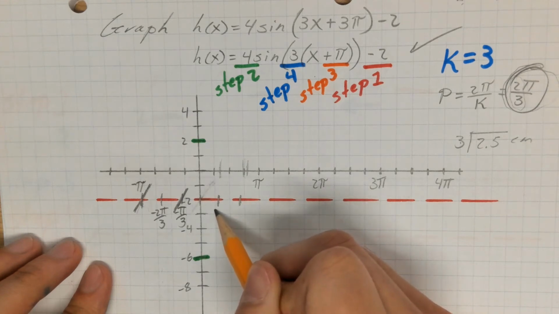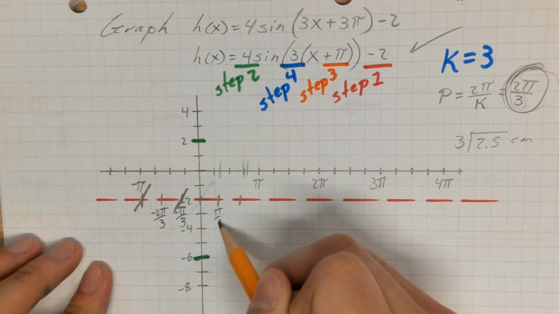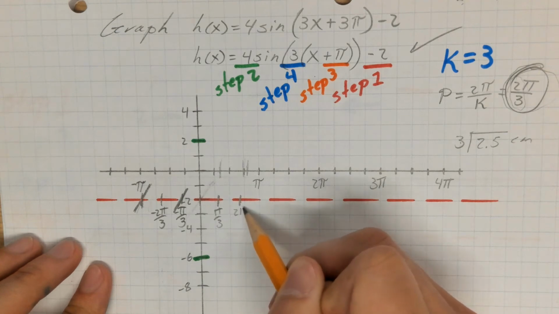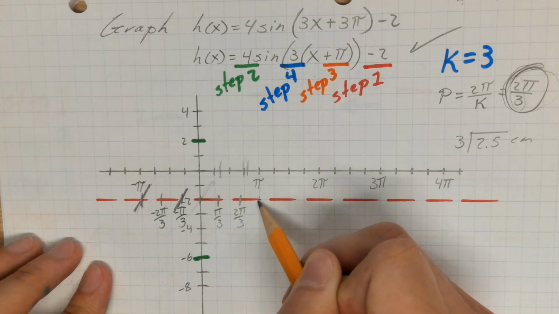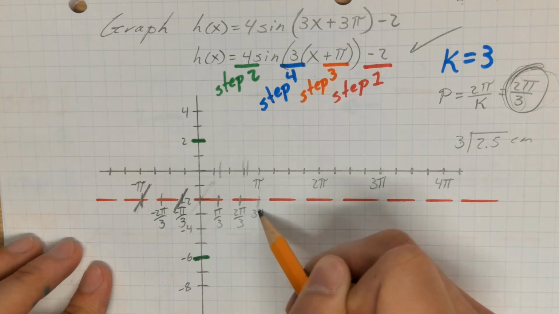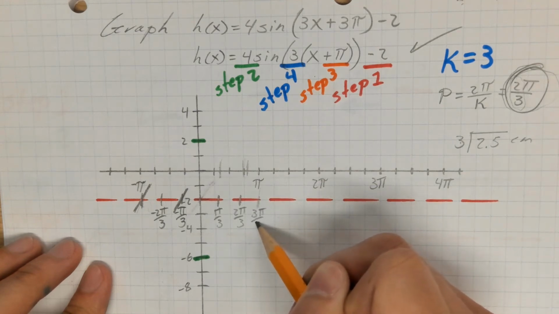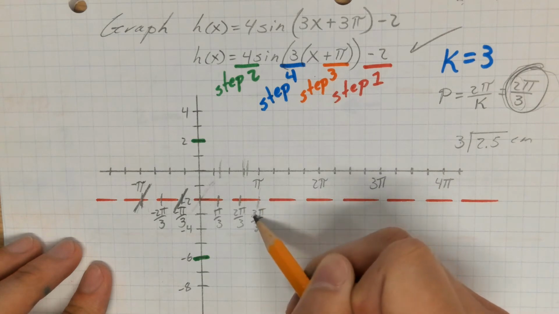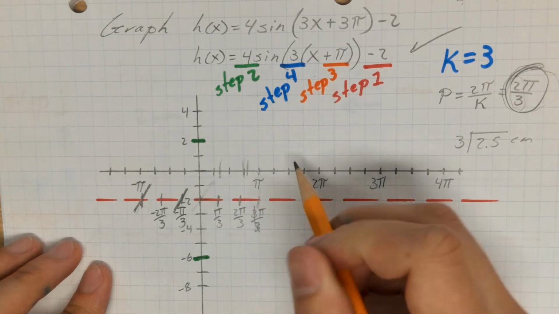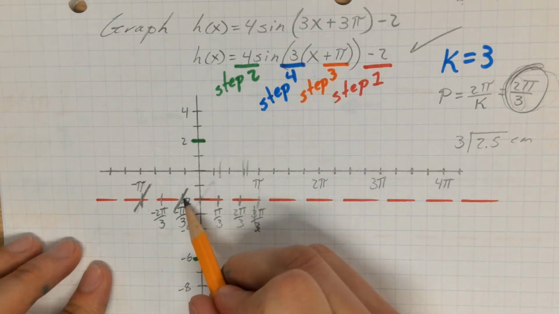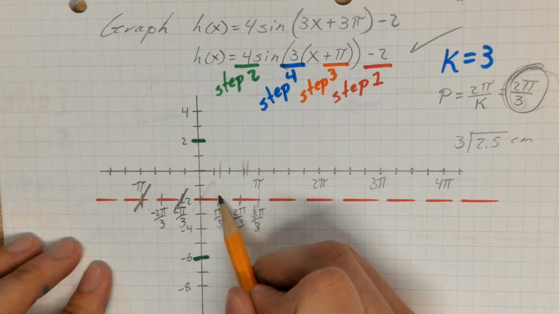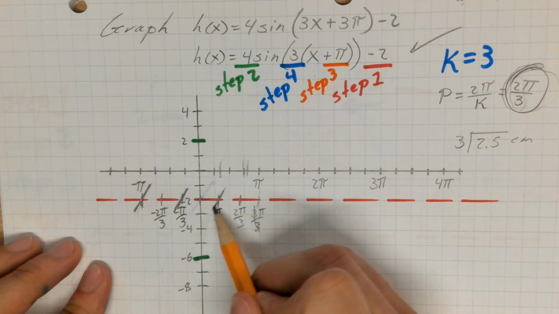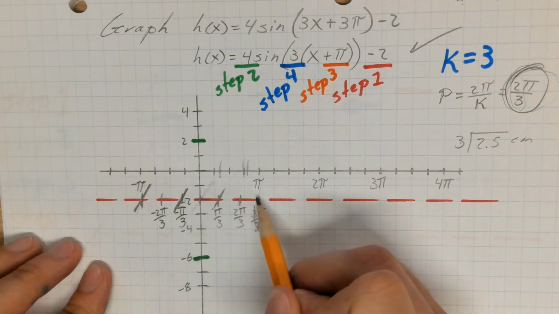So you can say this is 1/3 of pi, pi over 3. This will be 2/3 of pi. And technically right here at pi, that would be 3/3 of pi. But you know, 3/3 of pi, that's just pi. Again, every 2/3 I want to draw this line.